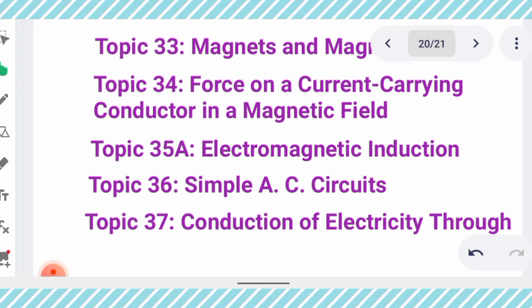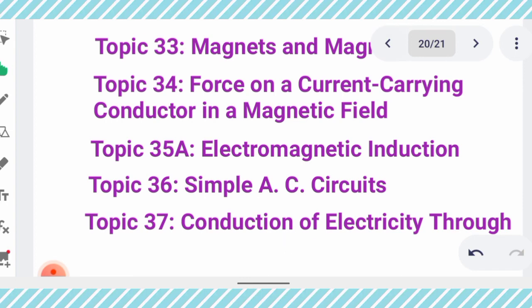Force on a current-carrying conductor in a magnetic field. Electromagnetic waves, as I stated earlier, we have X-ray, gamma ray, ultraviolet, visible light, infrared, radio waves. There are about 7. Then here topic 36 is simple AC circuits where you will see something of RMS, all those things. They are very, very simple.